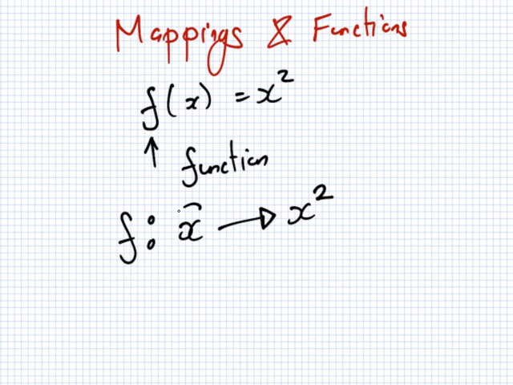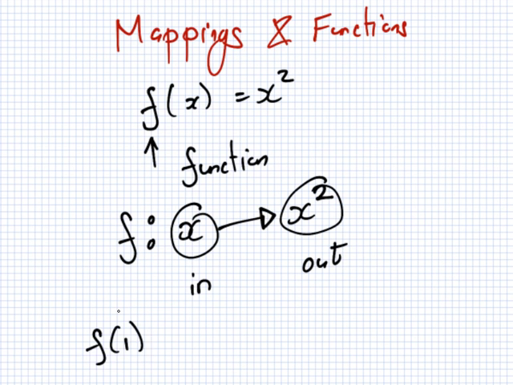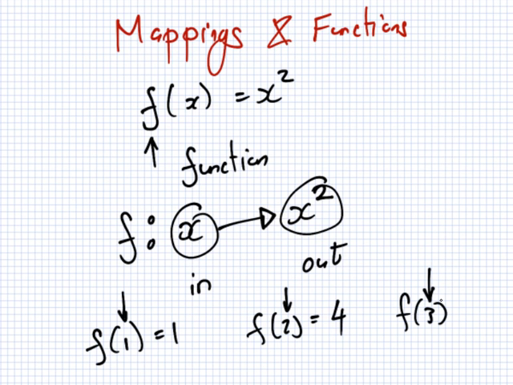It takes an x that goes in, and it gives you an x squared that comes out. For example, f of 1, so 1 goes in and 1 comes out. f of 2 goes in and what comes out? 4. f of 3 goes into the function and what comes out of the function? 9.